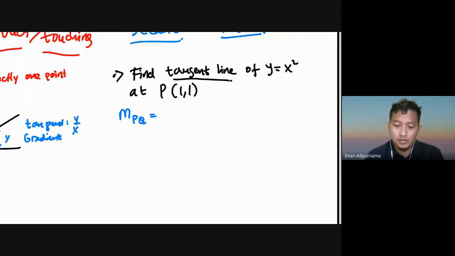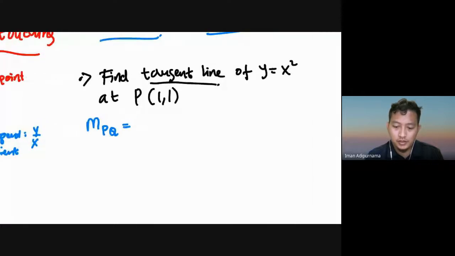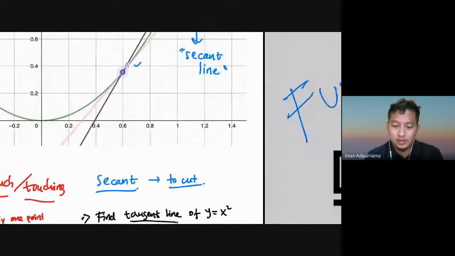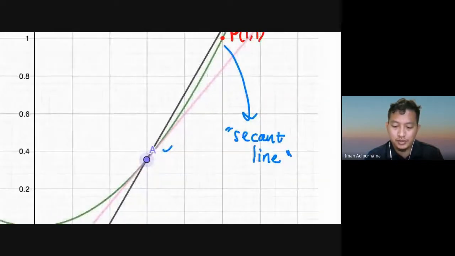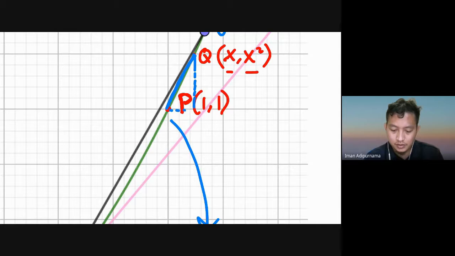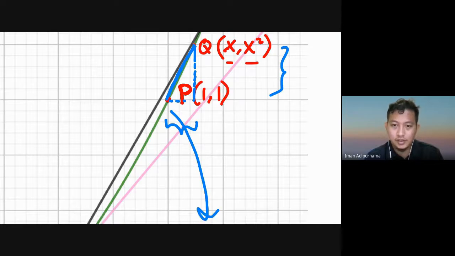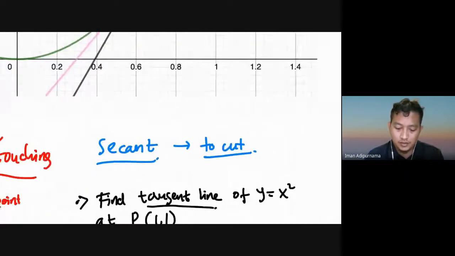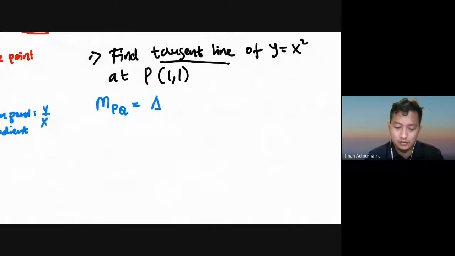So what we are going to do here is we are basically making those approaches. If you see here, we can have this, right, and also this, and basically we can make it as our triangle, right? So we have this delta.